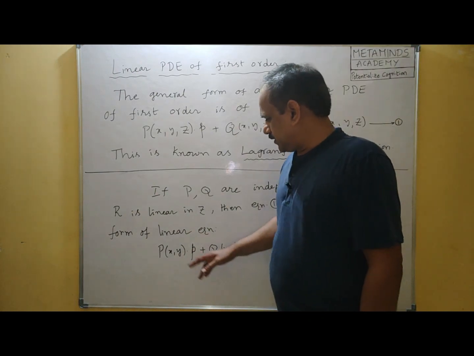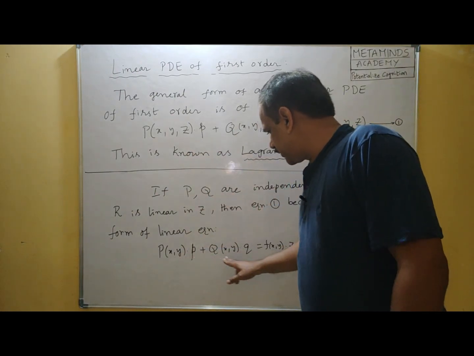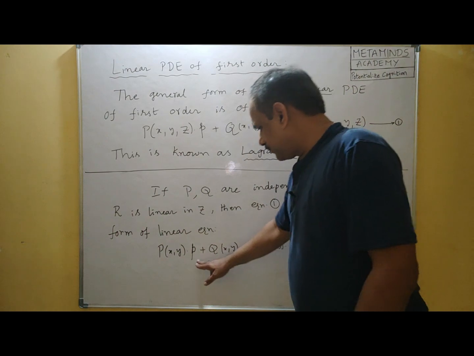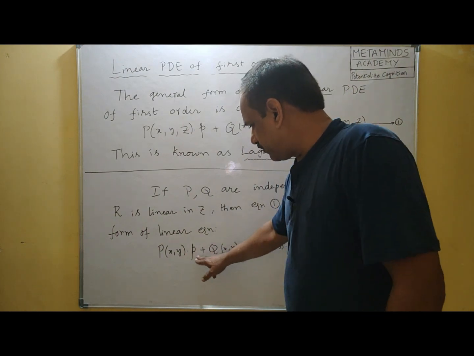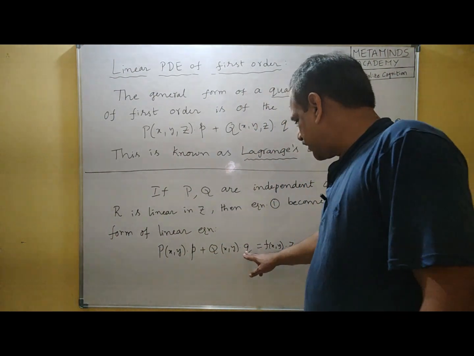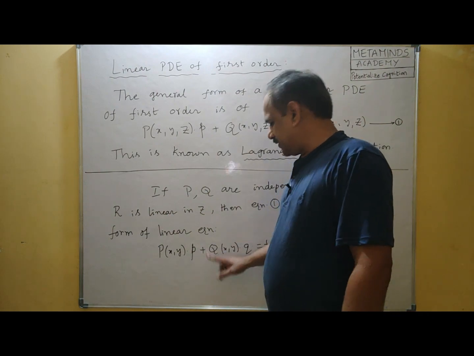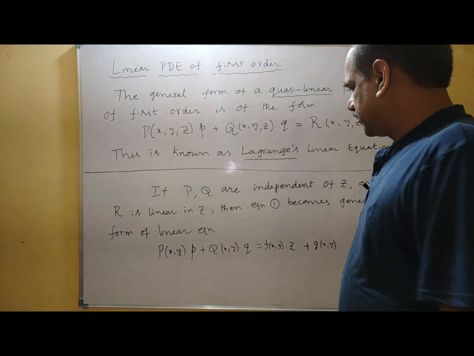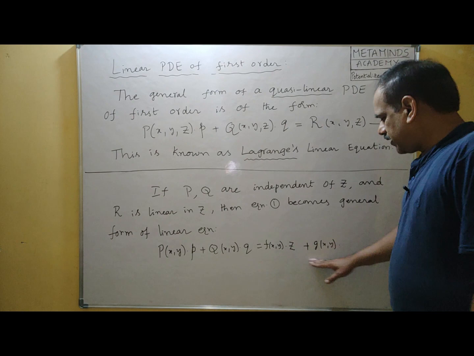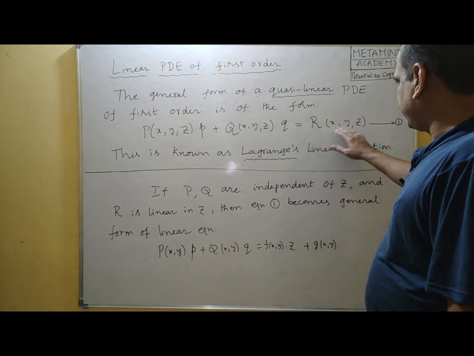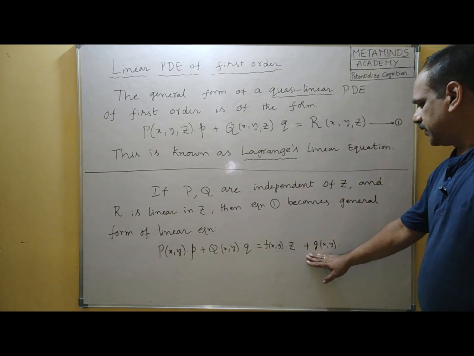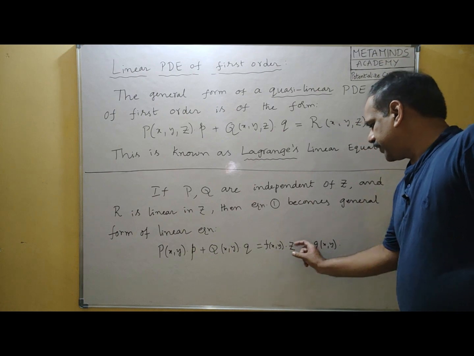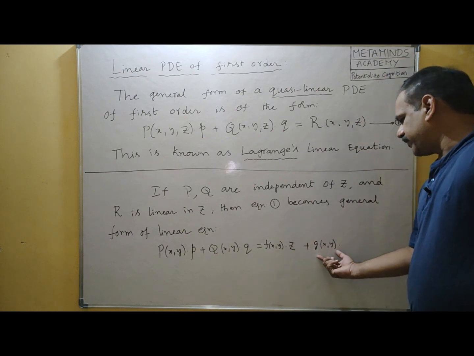That means z is not there in these two functions, right? So the multiples of ∂z/∂x and ∂z/∂y should not contain z. That is the condition. And the right hand side R of x, y, z can be written as a function of x, y multiplied by z plus a function of x and y.